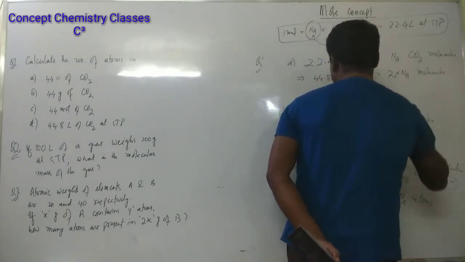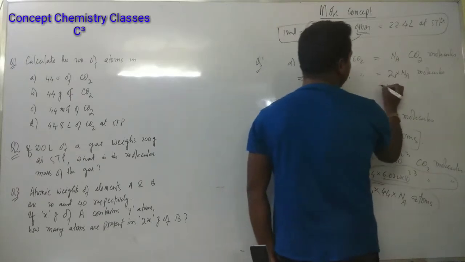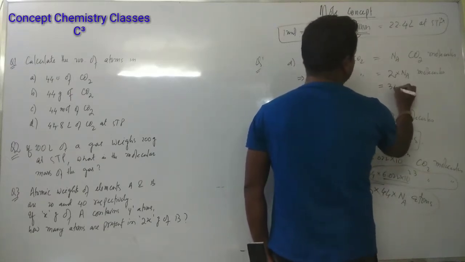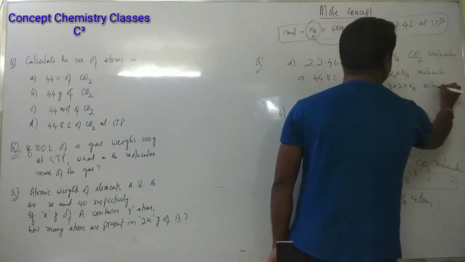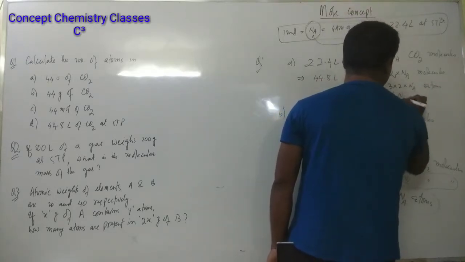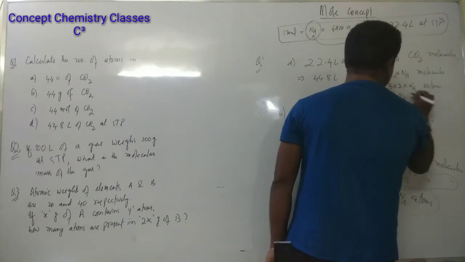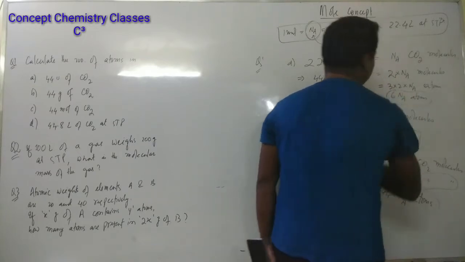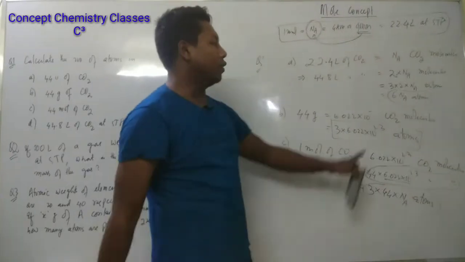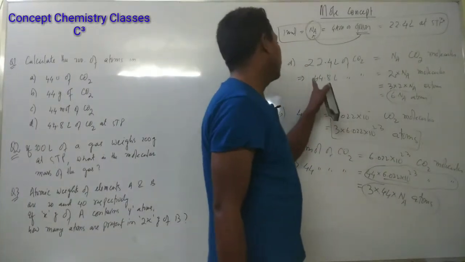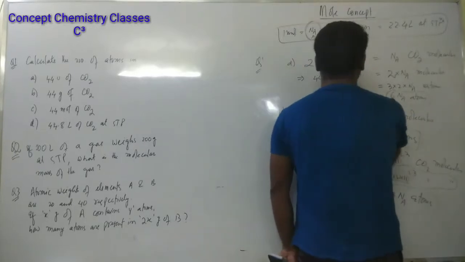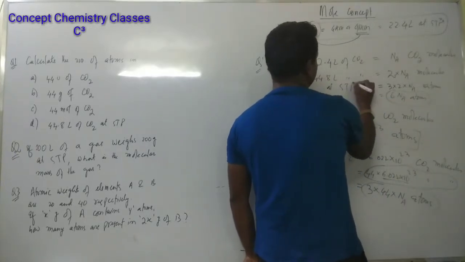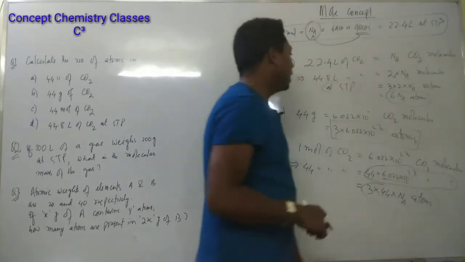Now since again one molecule of carbon dioxide contains 3 atoms, this is 3 into 2 into Na atoms, that is 6 Na atoms. This is the number of atoms present in 44.8 liters of carbon dioxide at STP. And remember, this definition is valid for STP only.